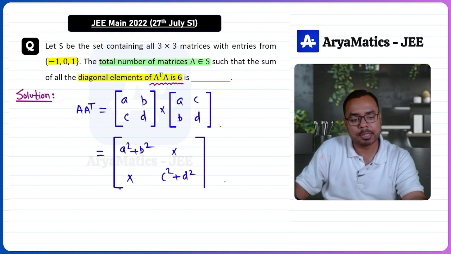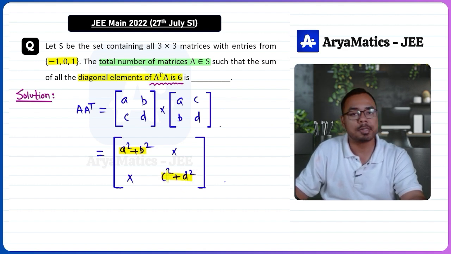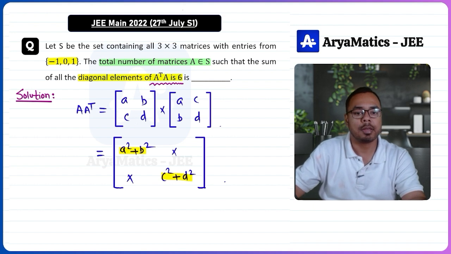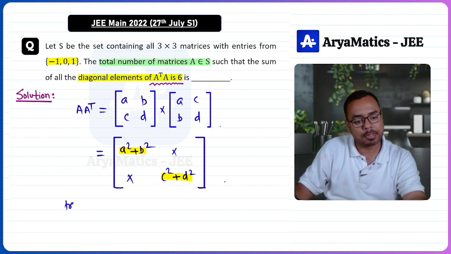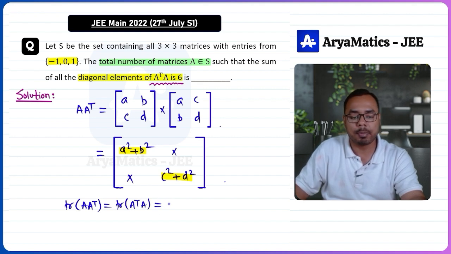Now, if I ask what is the trace of this matrix A into A transpose, clearly trace will be sum of diagonal elements. So A square plus B square plus C square plus D square. That will be the trace of this matrix, whether it is A into A transpose or A transpose into A; you will get the same result.